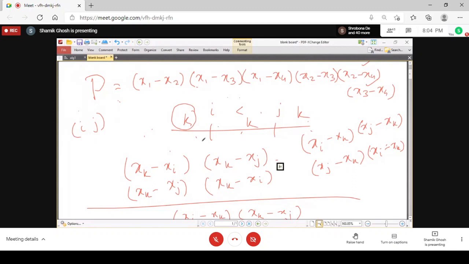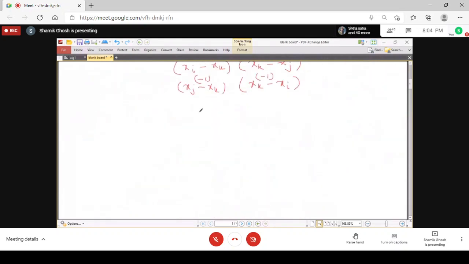But then where is the change? The change is in the term xi minus xj. Since i is less than j, there was a term xi minus xj, and now it is changed to xj minus xi.